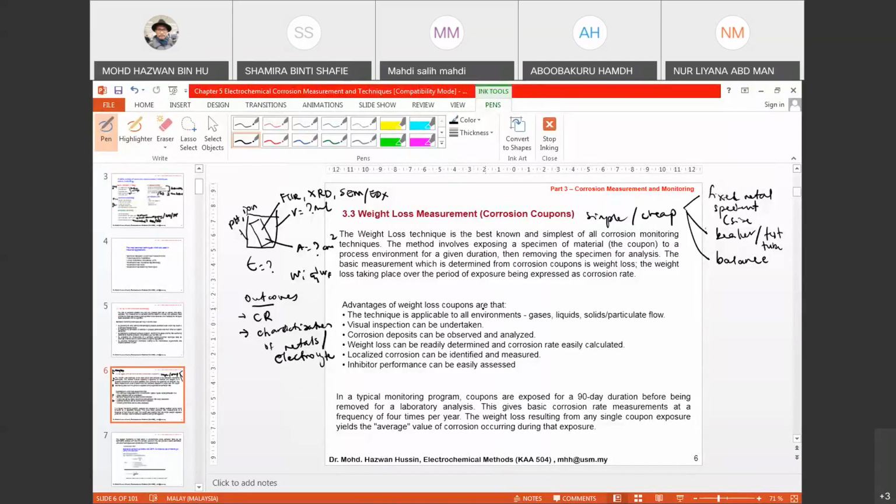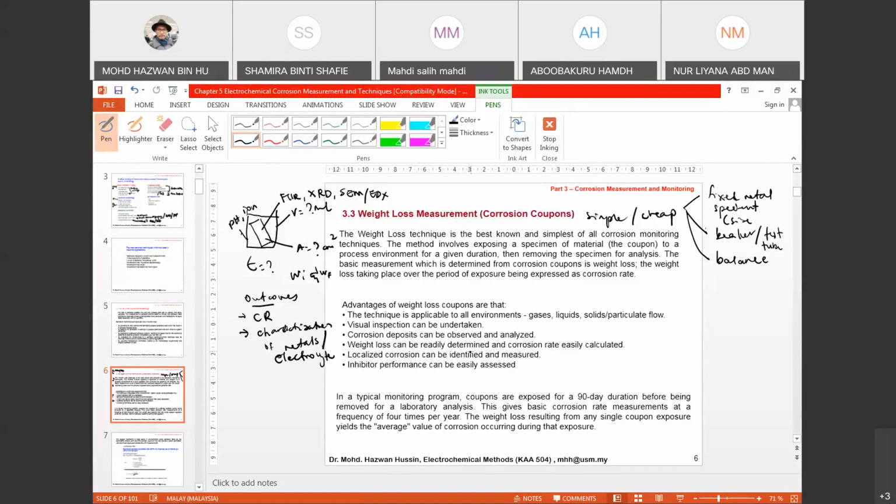Apart from that, it can also give you some indication. So these are some advantages of weight loss techniques. The technique is applicable to any environment. You can use different kinds of electrolyte, either neutral, acidic, alkaline, and other things: gas, liquids, solvent, solid to particulate flow.